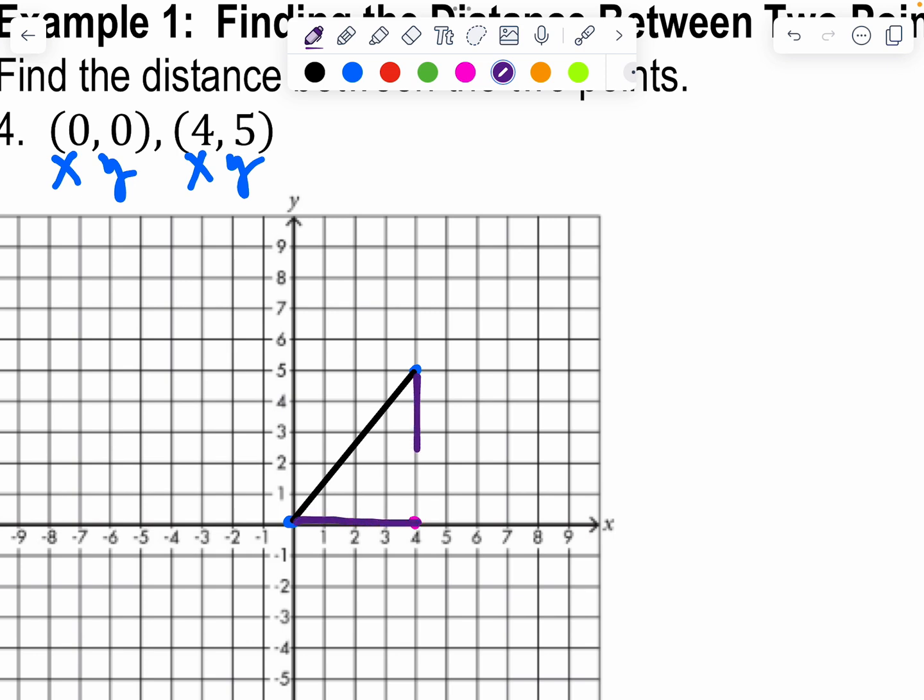with here and here, or you don't need to put both, but I'm going to show you, or I could go here and create a right triangle going this route. Either way works, you get the same answer.